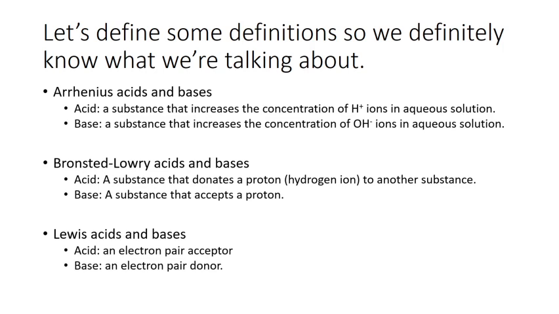Metals can be acids and bases under the Lewis definition because they will accept or donate electron pairs. So we have vastly broadened our definition of what falls under the category of acid and base with the Lewis acid and base definitions.